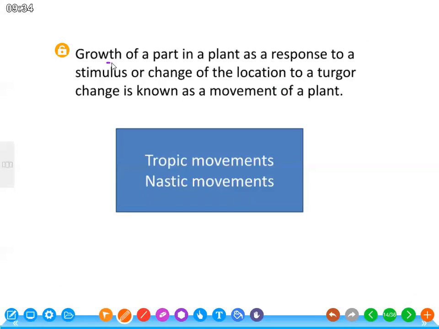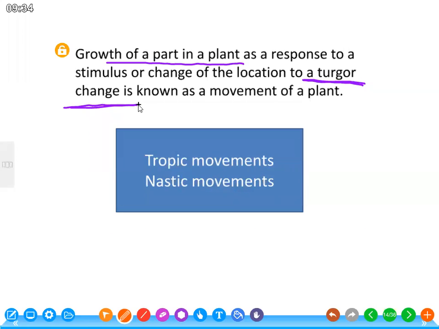Growth of a part in a plant as a response to a stimulus, or change of location due to a turgor change, is known as a movement of a plant.